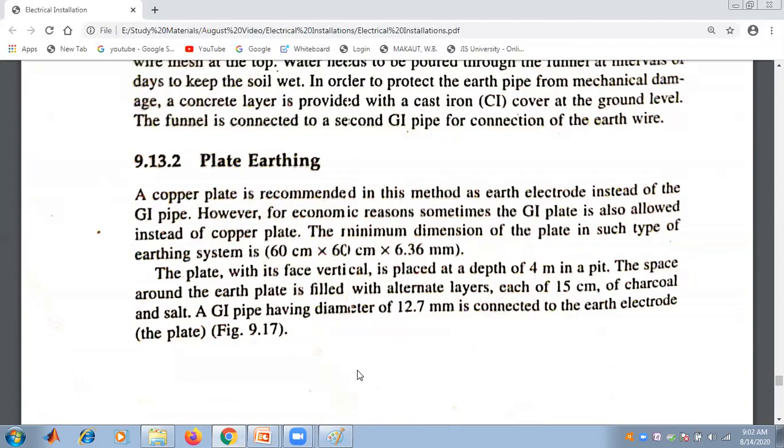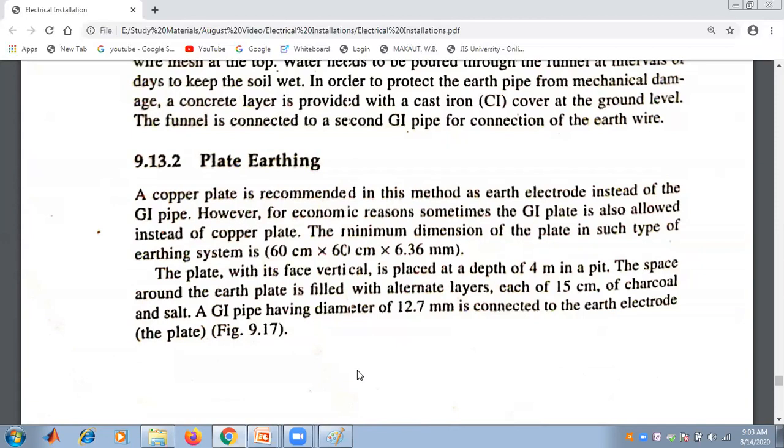However, for economic reasons, sometimes a GI plate is also allowed instead of a copper plate.